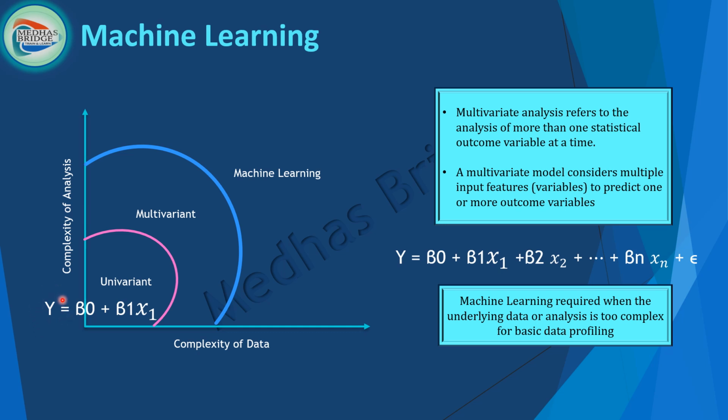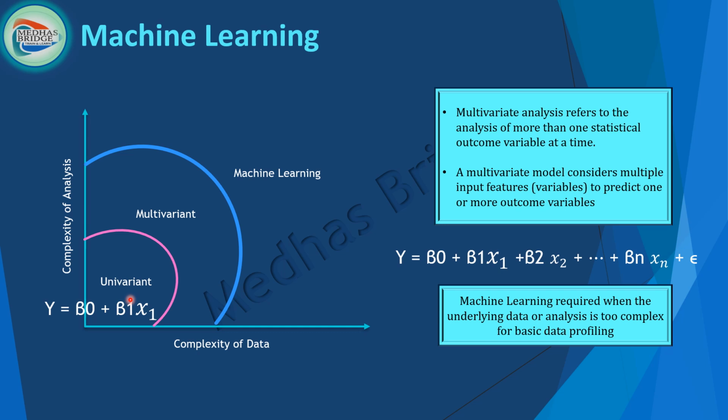So y is depending upon x1. If there is a change in x1, then y would also change. So y is a function of x1. In this equation, since I have only one variable, I would say this is univariant. If the data falls in this category, I would refer to that particular data as representing univariant.